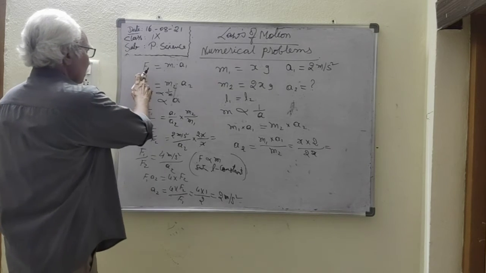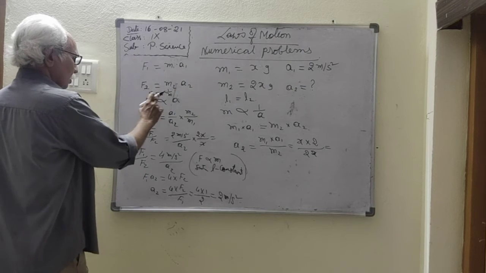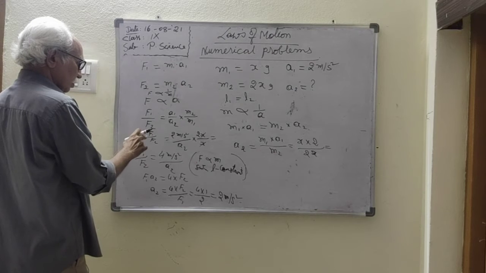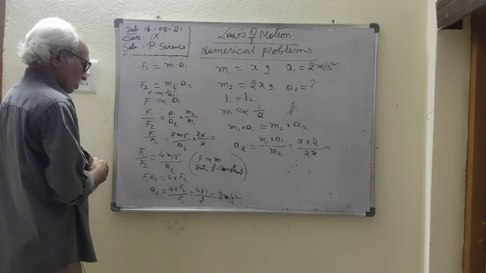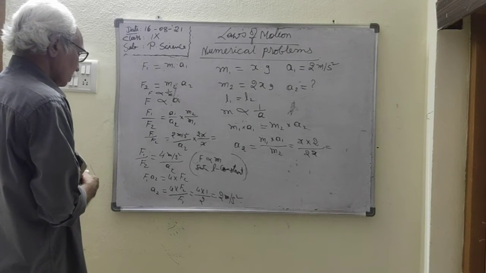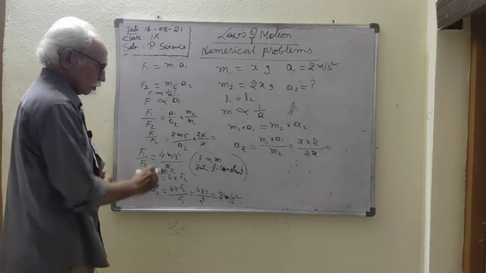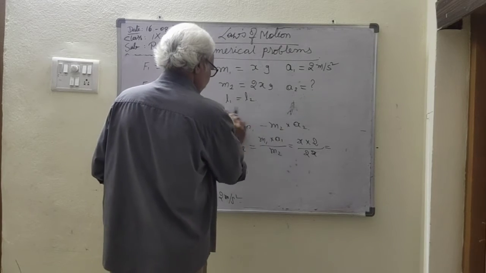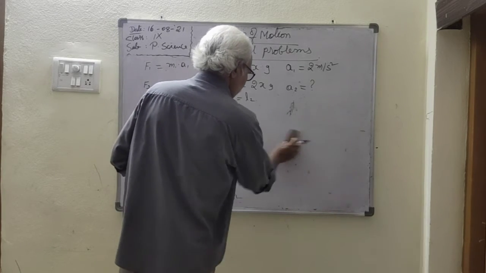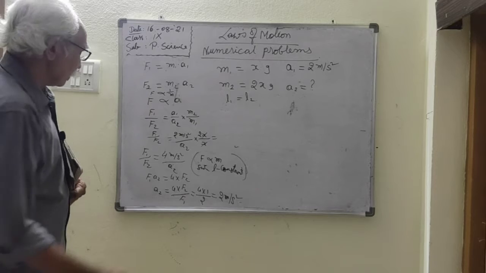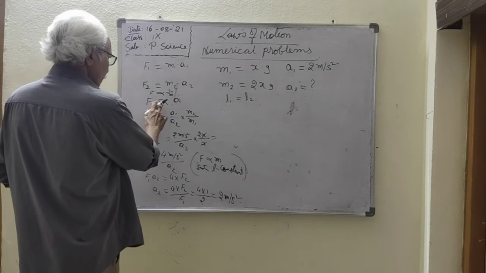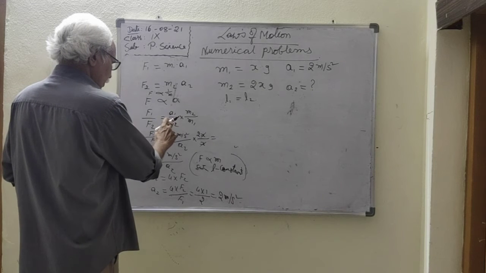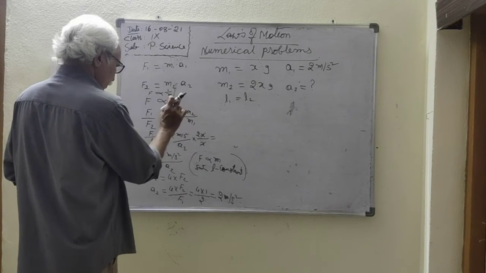You can eliminate this because force is not considered. Then force is directly proportional to acceleration. F1 by F2 is equal to A1 by A2 into M2 by M1.